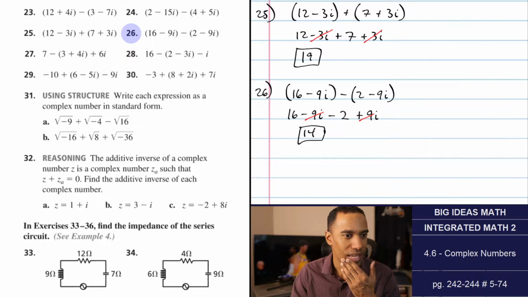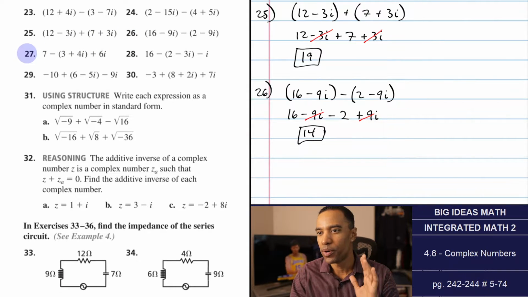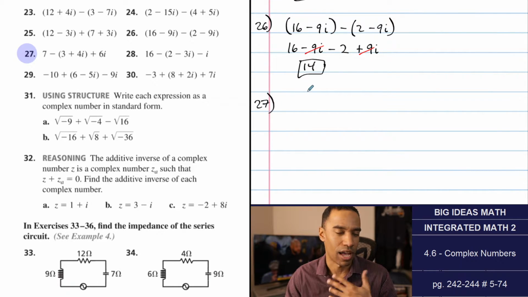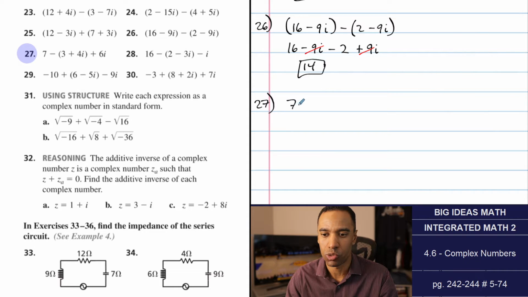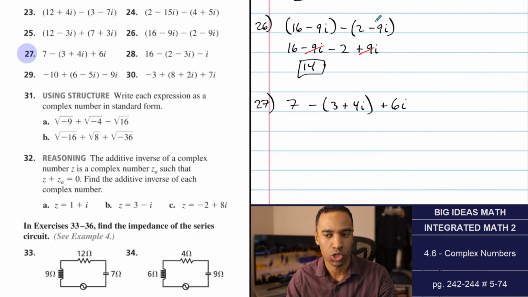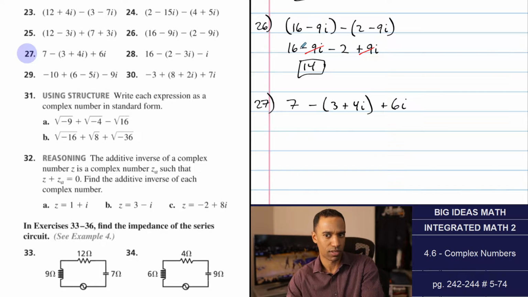Okay, 27. Now let's split up some parts. If we were to speak out loud about what we're doing here, because people kind of ask, why do we have parentheses in some of these things? Obviously, with negatives, it matters by distributing the negative. But why does this have parentheses if it's going to be the same?